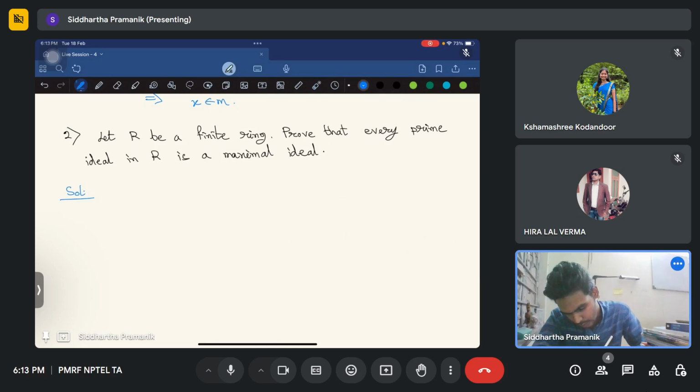So we need to prove every prime ideal is maximal. So let's take a prime ideal. Let P be a prime ideal of R, right? So that means R mod P is an integral domain.